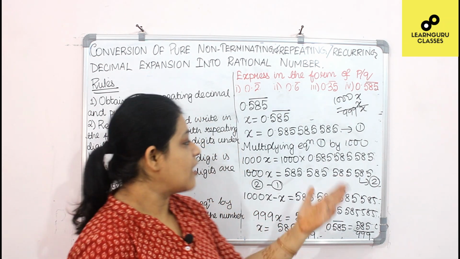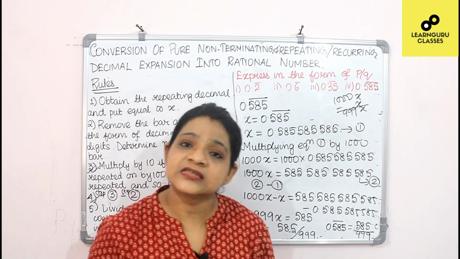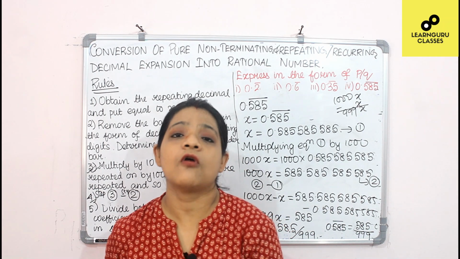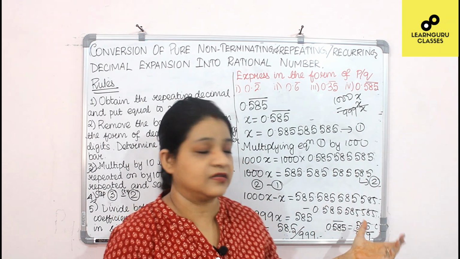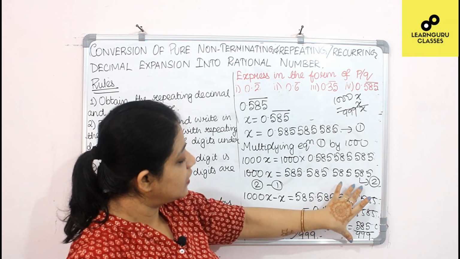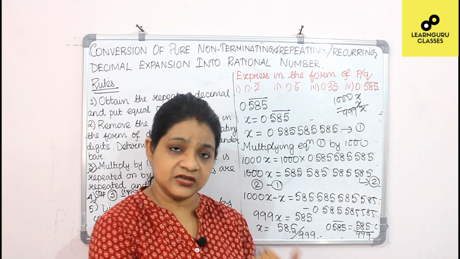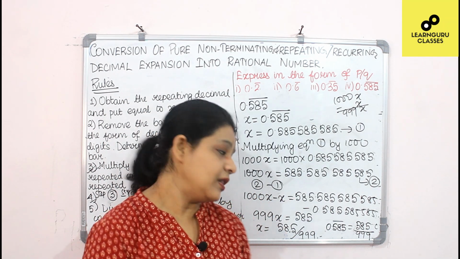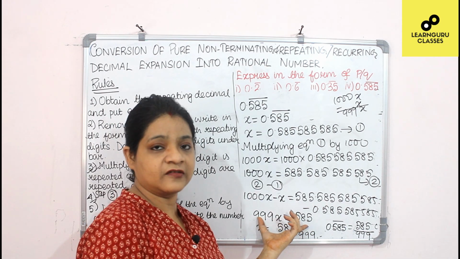Once you get equations 1 and 2, the next step is to get rid of the digits after the decimal. So you subtract 2 minus 1. By doing this, you get rid of the digits after the decimal, and you will be left with an expression like this.